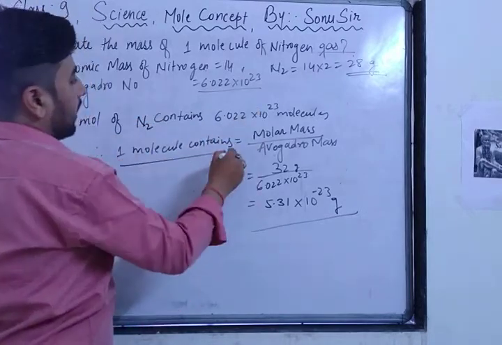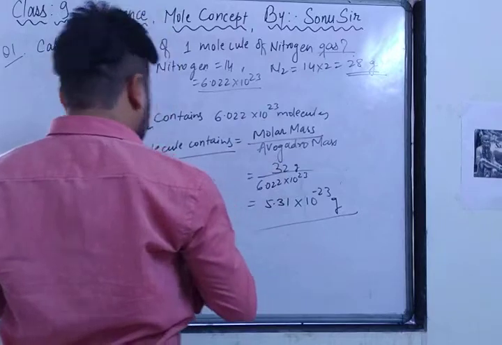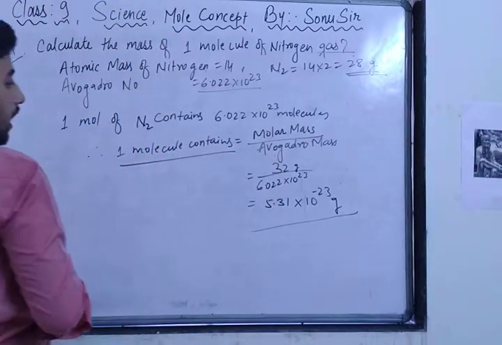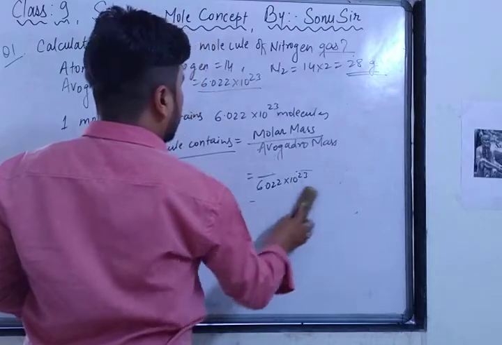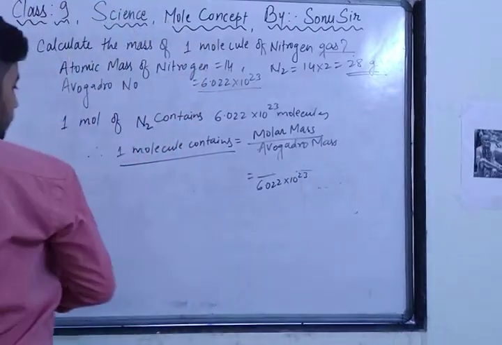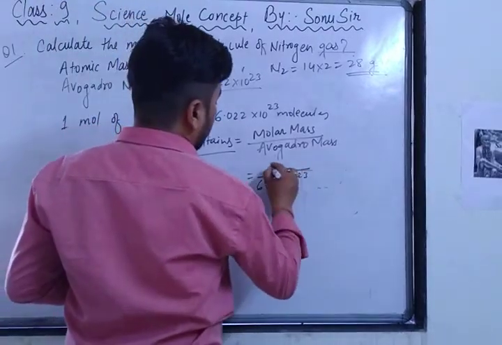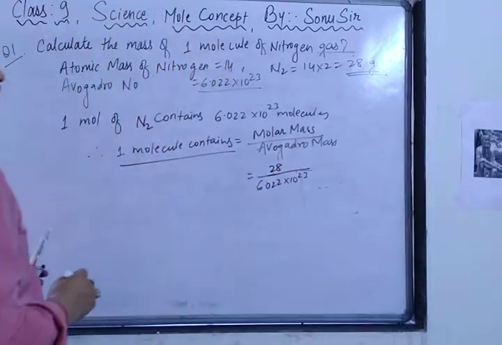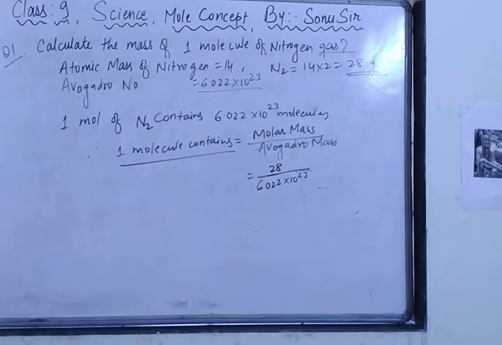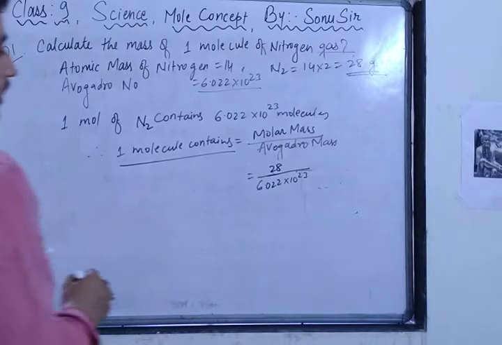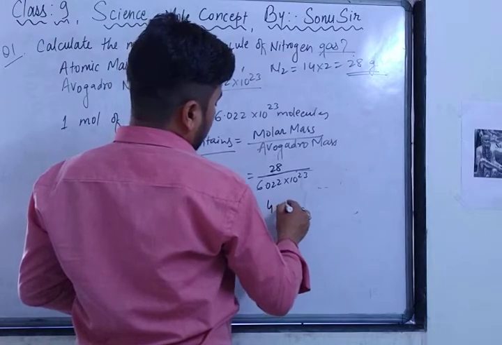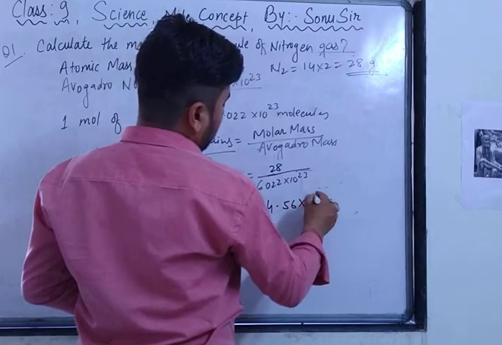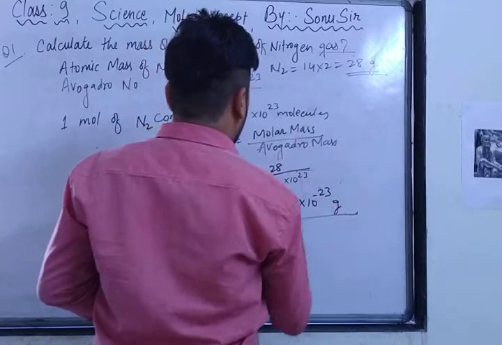Therefore, 1 molecule contains molar mass by Avogadro number, and instead of 32, we write 28. So as we divide 28 by 6, 6 5 are 30, 6 4 are 24, we get 4.56 into 10 to the power minus 23, approximately, okay?